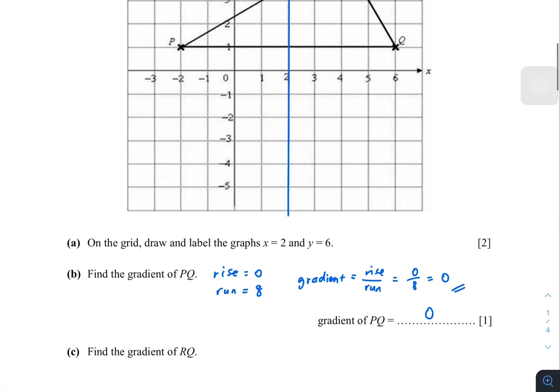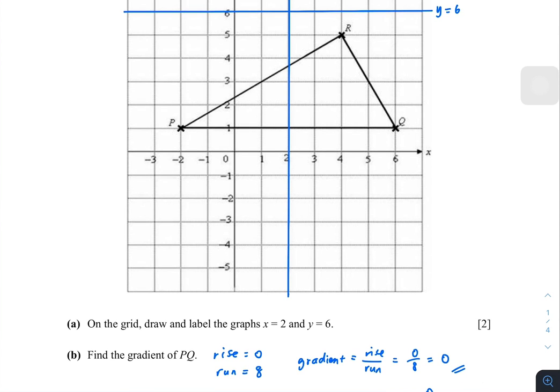Then for the gradient of RQ, here the rise is actually a negative rise because it goes downwards, from R to Q. Then from this point to the right, we have 2 units. So we have a rise of negative 4 units and a run of 2 units.